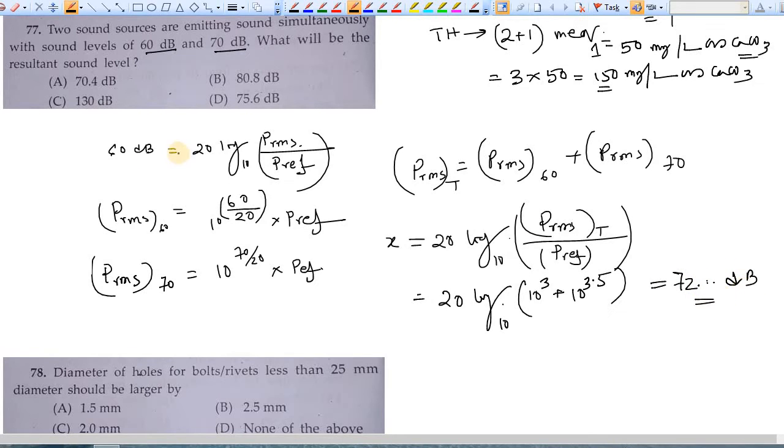Unfortunately in the options there is no such option, so in the examination you can take 75 as the closest one. But the procedure is this one. This is the process.